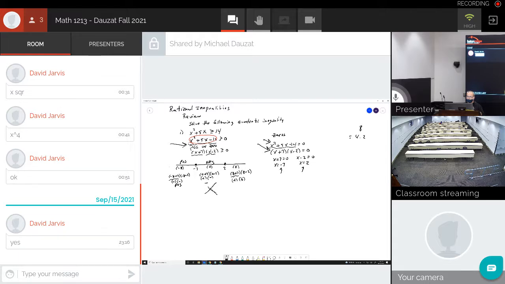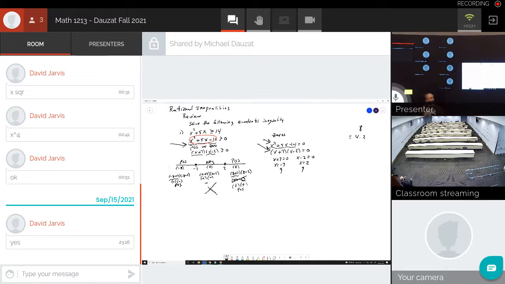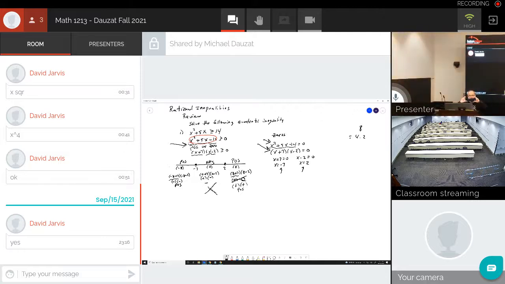It's a positive 6. A positive times a positive is a what? Positive. So that means that this interval, greater than 2, any real number there is a solution. And so you're done. All you got to do now is just write the answer in interval notation.